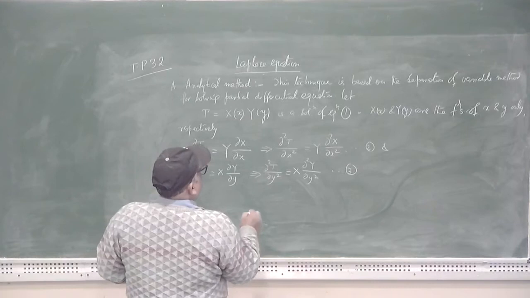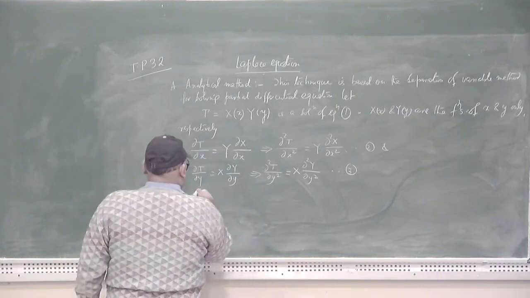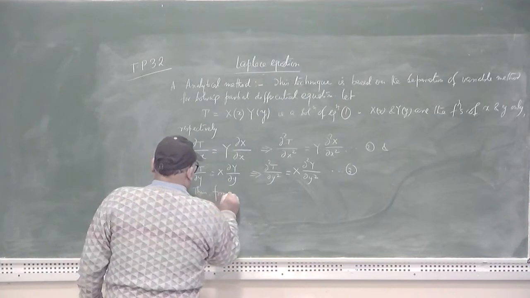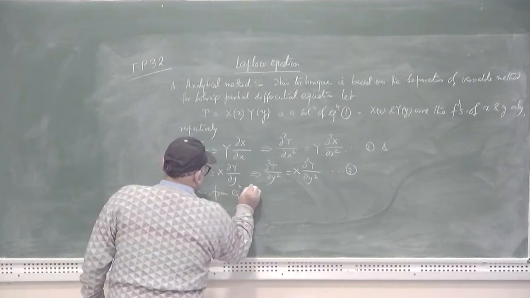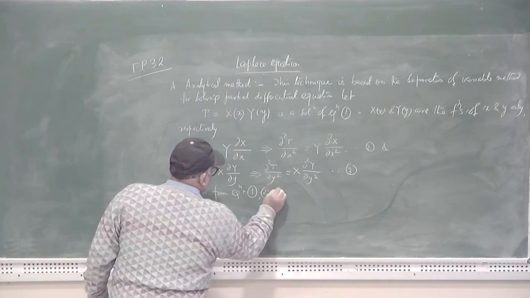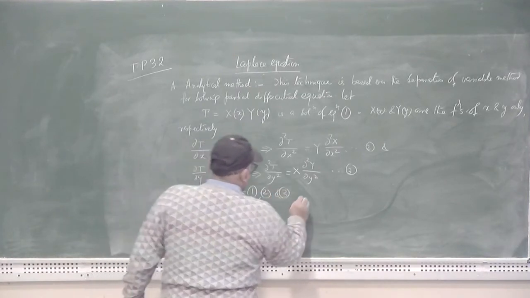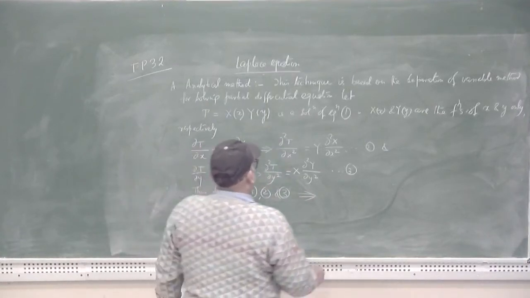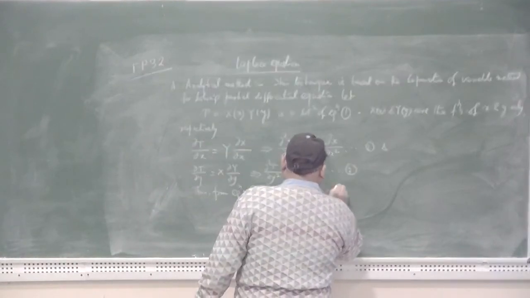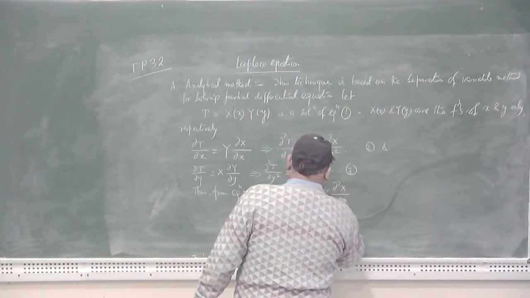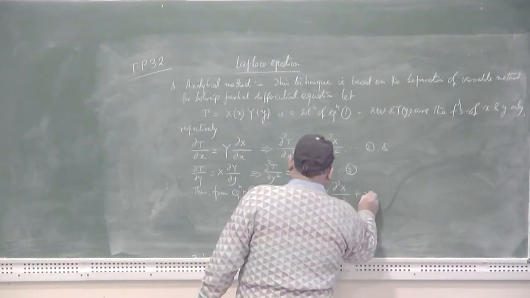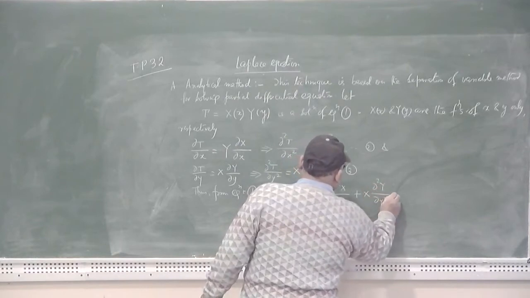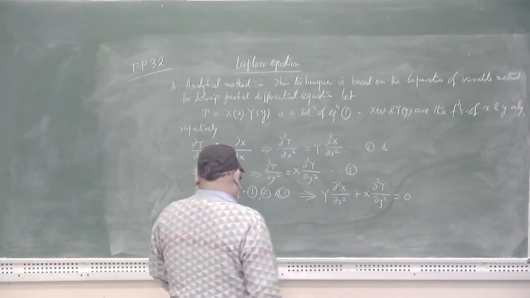Thus, from equations 1, 2 and 3, we can write Y d²X/dx² + X d²Y/dy² equal to 0.